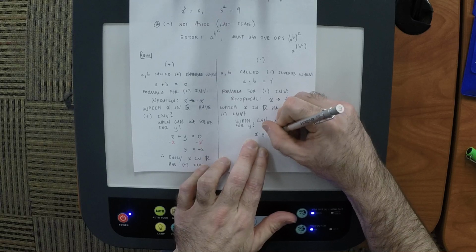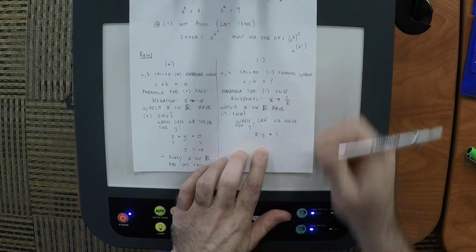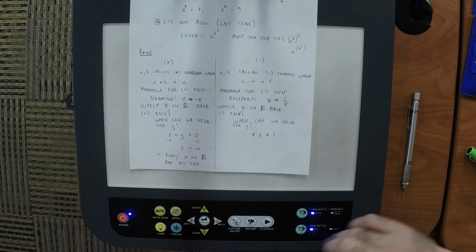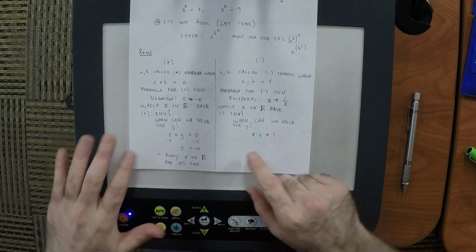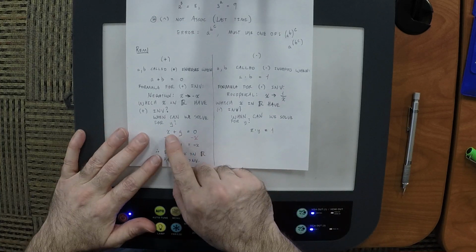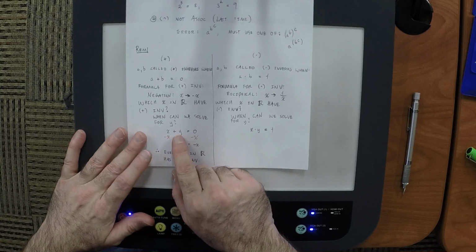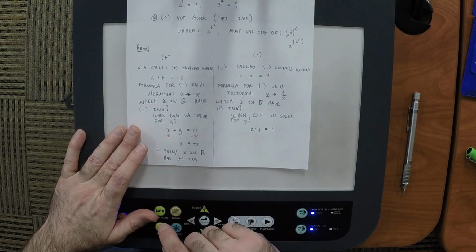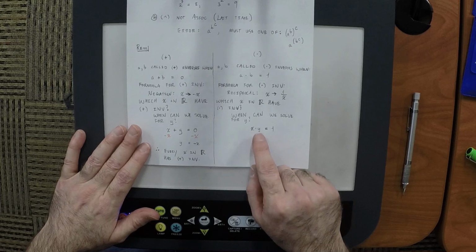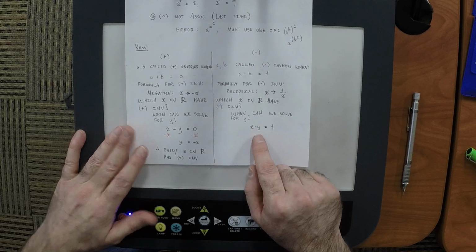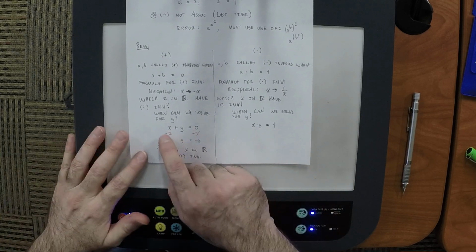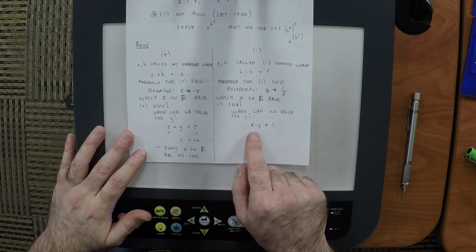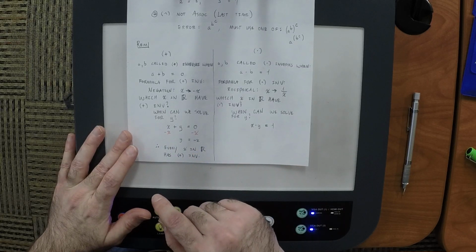Okay, now, to proceed from here, we said if we want to solve for y, then what I'll do is subtract x from both sides. Now, what would we want to do here? Instead of subtracting x, we want to divide by x.